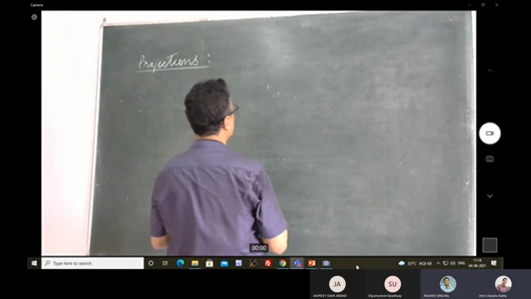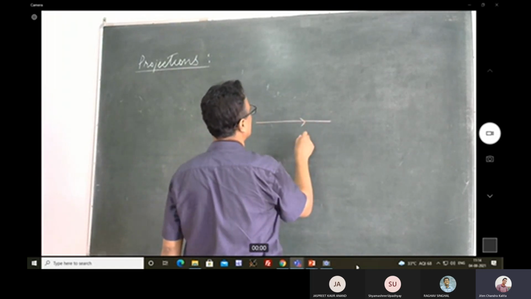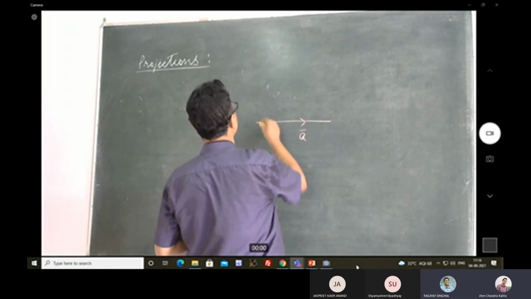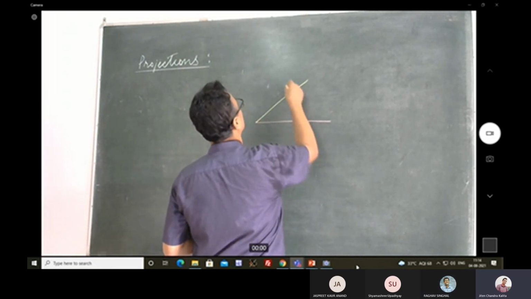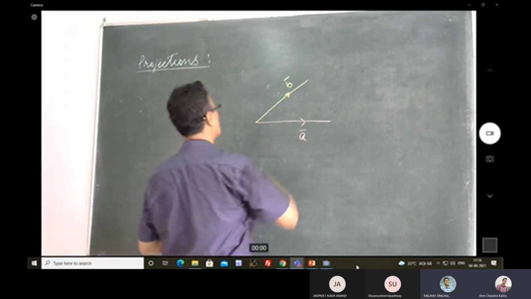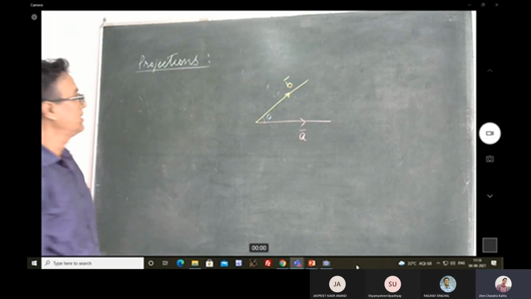Suppose I am considering two vectors A and B, and suppose the angle between them is theta.